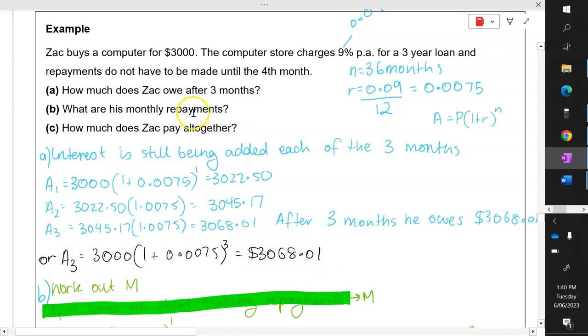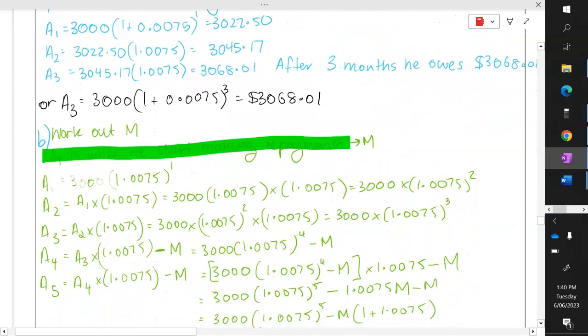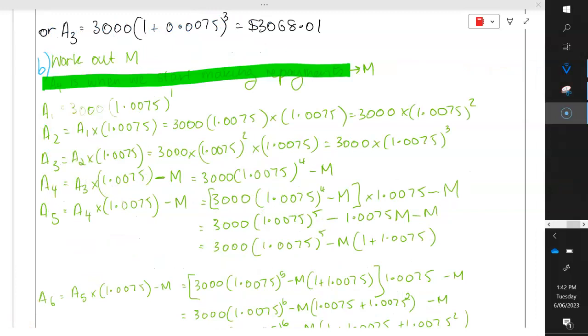We want to work out what are his monthly installments. Okay, so this one gets a little bit more complicated now. Okay, so I've worked out from A1 again. So we said A1, we've got $3,000, and we're timesing that by 1.0075 to the power of 1. We're not making a repayment there.